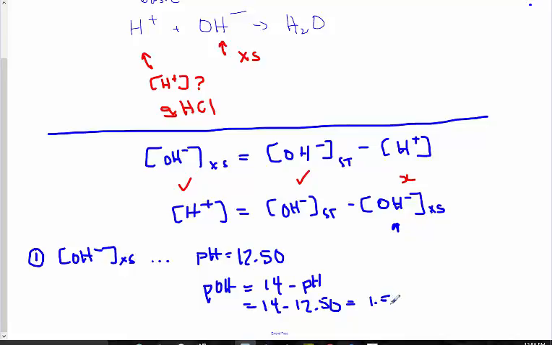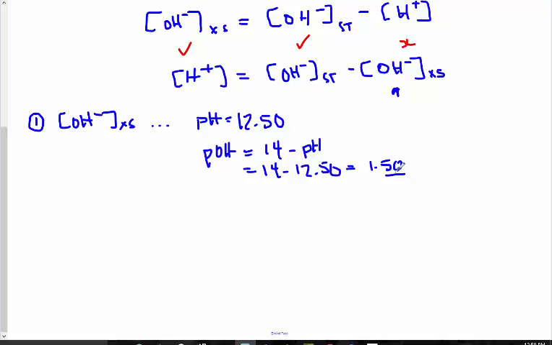Making sure that I keep track of my sig figs here, I should have 2 sig figs after the decimal place, or 2 decimal points here. Okay, so now that's a pOH value, and from pOH I can calculate the concentration of OH minus.